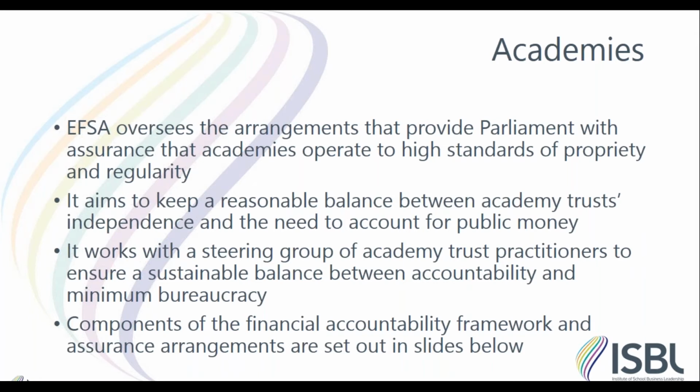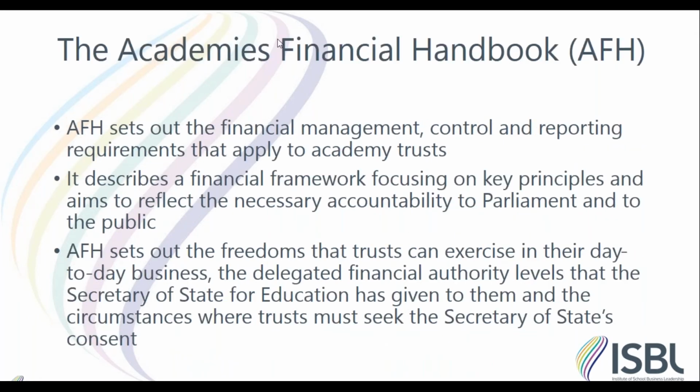Okay, we're now going to move on to financial accountability, the accountability framework and assurance arrangements. So there's a very important document for academies, and that's the Academy Financial Handbook. This handbook sets out financial management, control and reporting requirements.